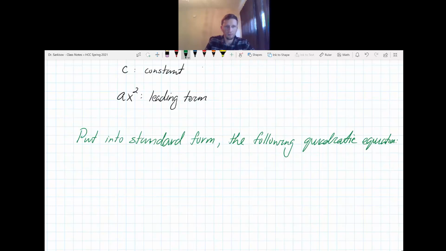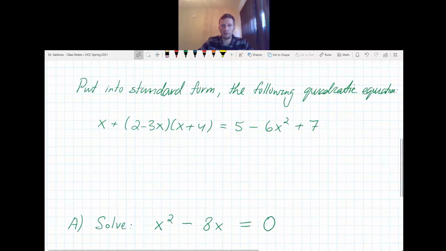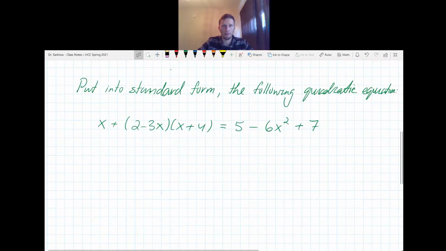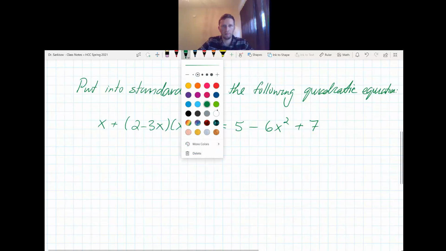Let's try this one. x plus 2 minus 3x, and then let's try x plus 4 is equal to 5 minus 6x squared, and let's do plus 7. Okay. All right. So how do you put this into standard form? And let's do the solving later.